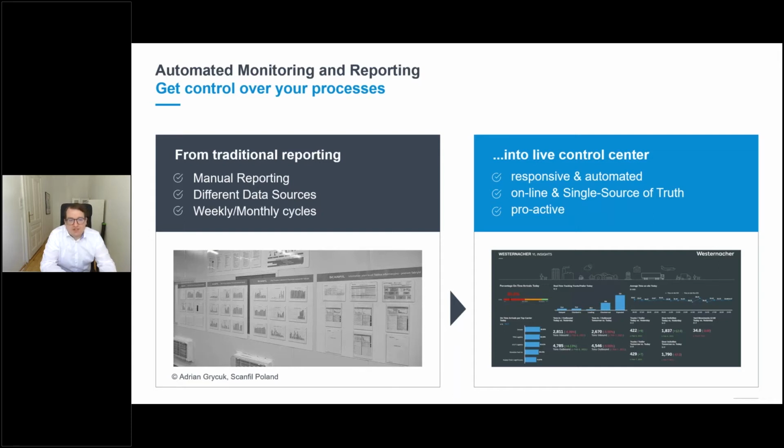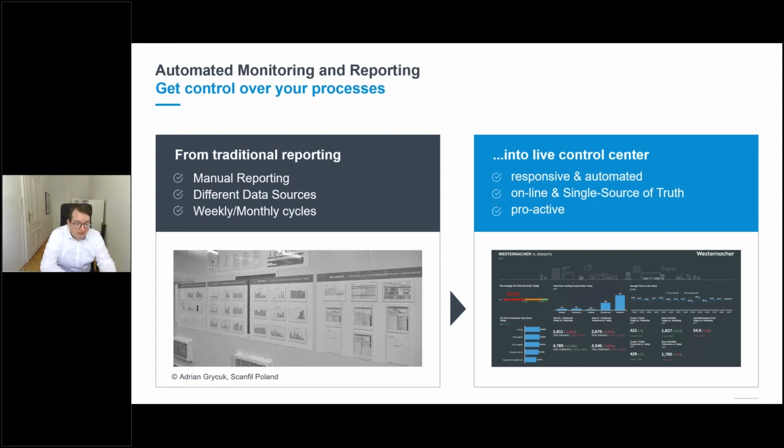There is often just a manual reporting in place at the point in time we are starting with the implementation. And often there would be different data sources. I once experienced a port where each and every terminal would collect the data itself and then transfer it to a centralized reporting. Of course, these are different data sources. Every terminal would gather the data differently. This would lead to different results in the end.